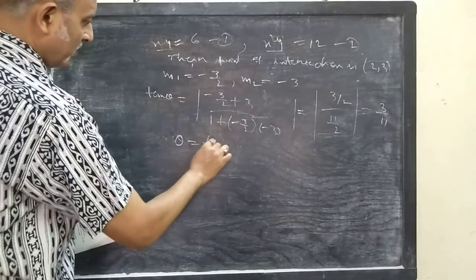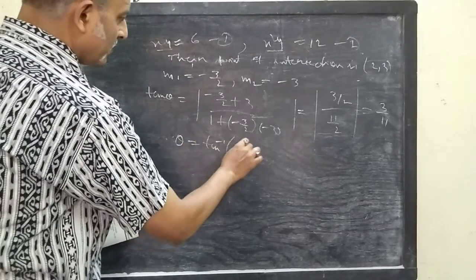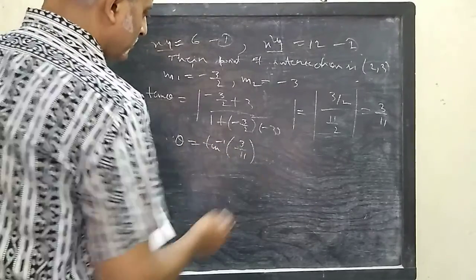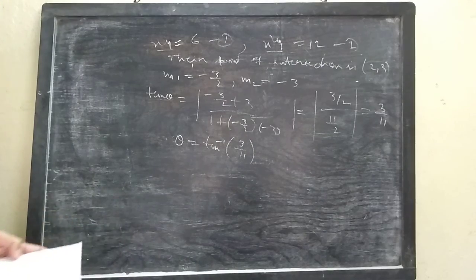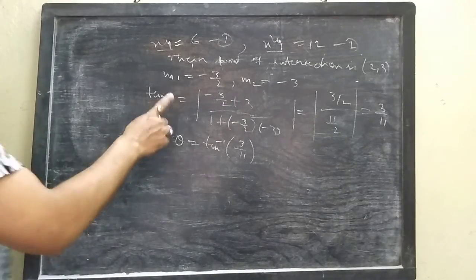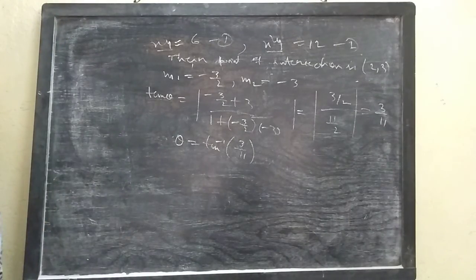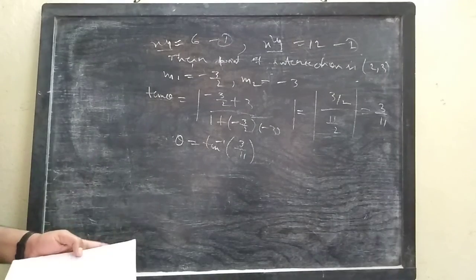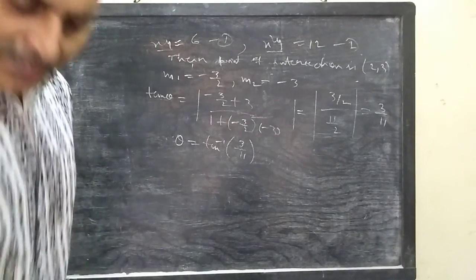Therefore, theta equals tan inverse of 3 by 11. This is the angle between the two curves at their point of intersection (2, 3). Okay. Next, let us solve another problem.